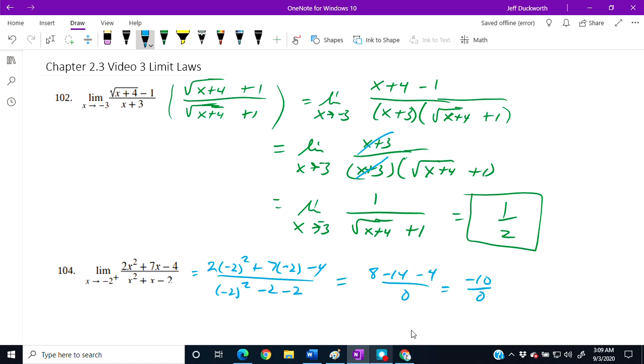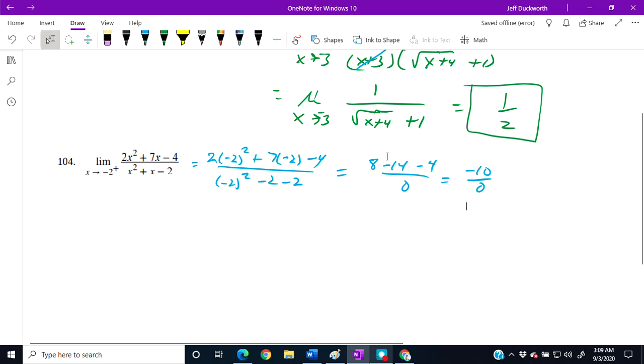We don't have a 0 over 0 situation, so we're not going to be able to factor something out. So we have to do this a different way.